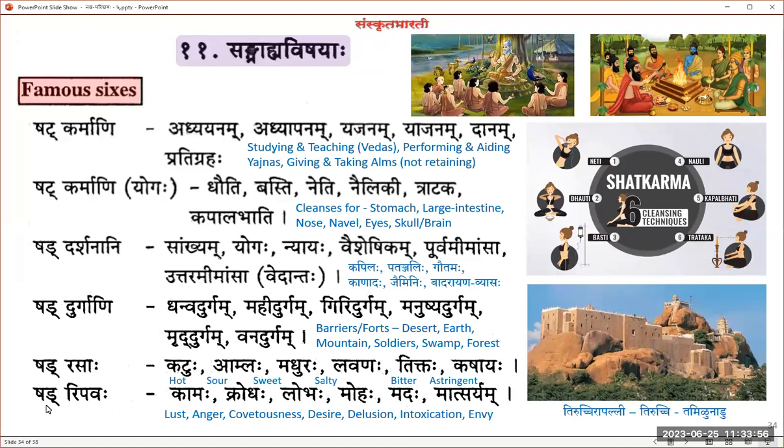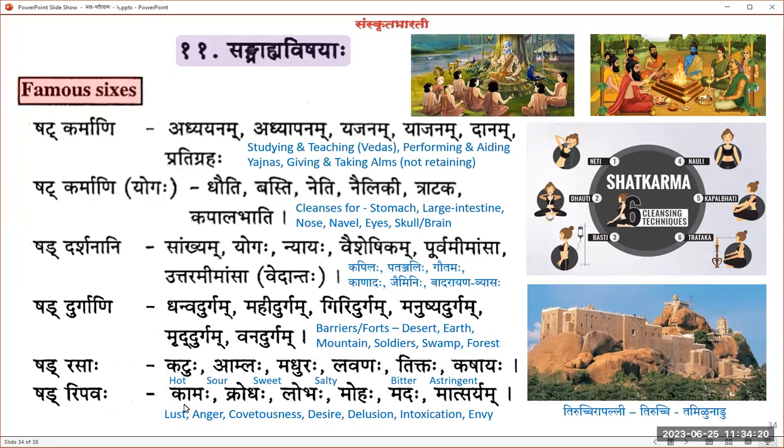And then shad ripavaha, the six enemies. So important. These have nothing to do with physical enemies, guys. These are all mental enemies: Kamaha, Krodhaha, Lobhaha, Mohaha, Madaha, Matsaryam. In the Bhagavad Gita, Krishna even explains how one leads to the other in some nice verses.